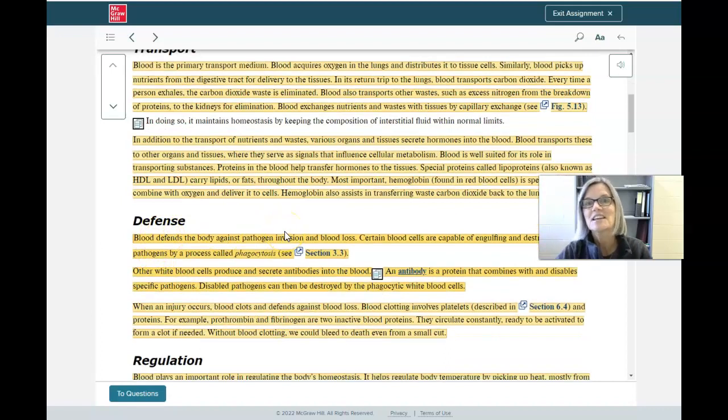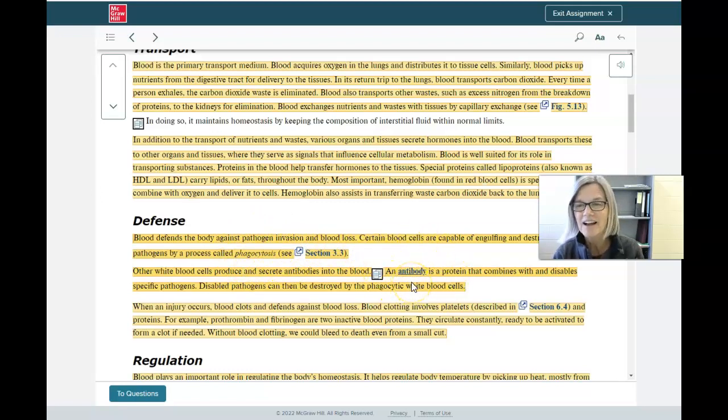So the second major function of blood is defense. And again, these are things that you already know. I think most of you have some idea of what a phagocyte is. These are some of our white blood cells that engulf foreign things like bacteria, viruses, or even old damaged cells. Some of our white blood cells make antibodies.